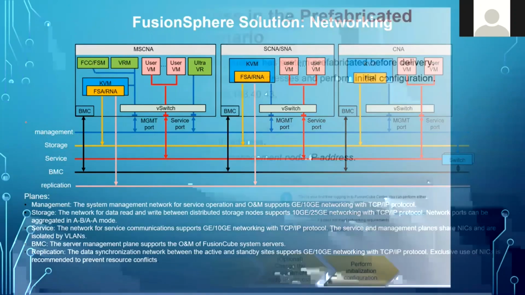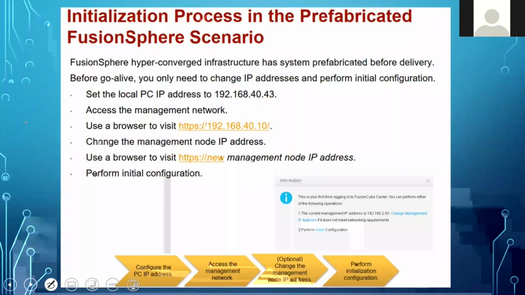Okay, we have two types of configuration in FusionCube. One is pre-installed. If you have ordered the pre-installed configuration, you will receive complete hardware and everything will be pre-installed. You just need to go to the browser using this IP, and you will access the management node.